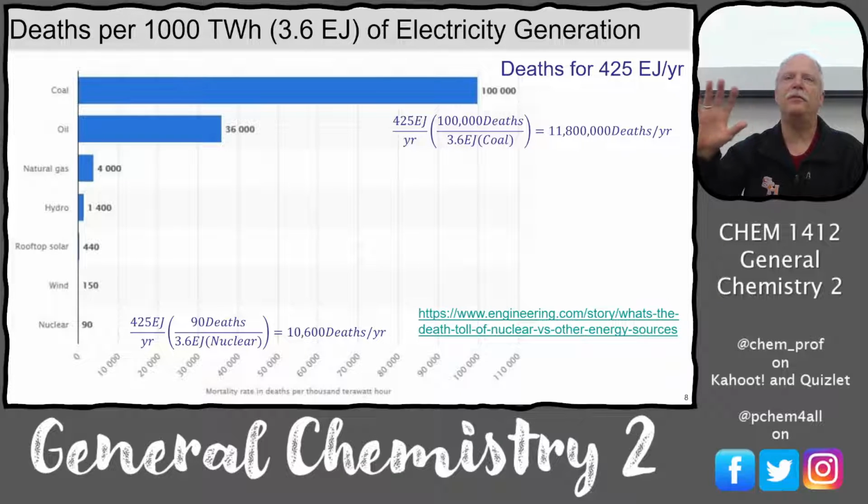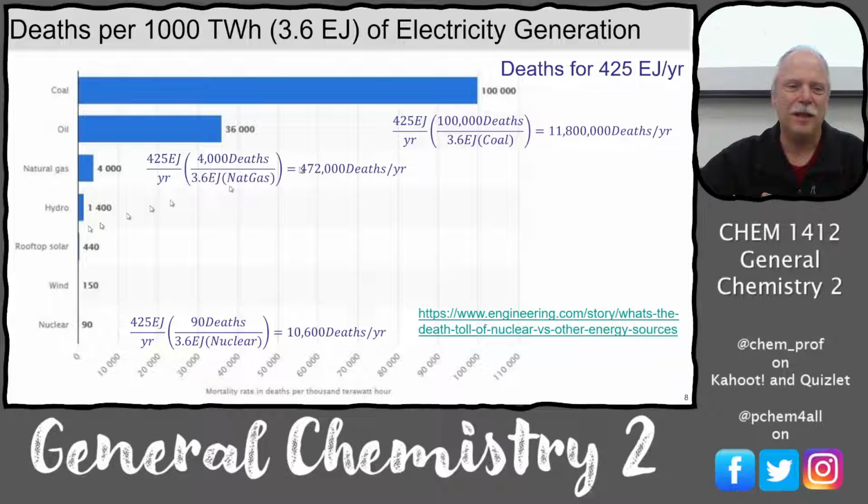That's 5 times worse than the Intergovernmental Panel on Climate Change's worst case scenario in terms of amounts of CO2 emitted using the different fossil fuels and so on. Running the whole world on coal would mean no natural gas, no oil, no anything else. And so that's crazy. Natural gas, again, 4,000 per 3.6 would be 472,000 deaths per year.